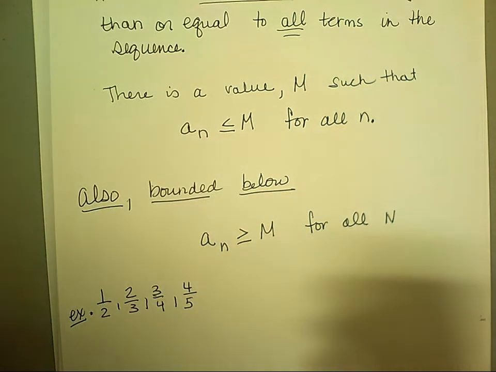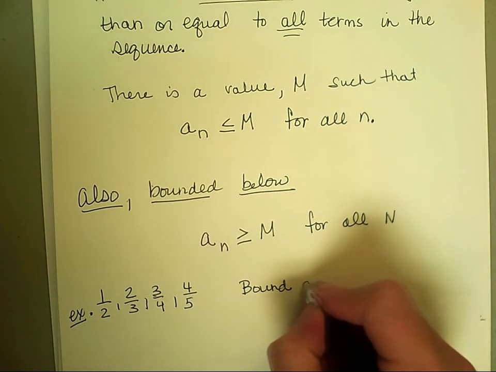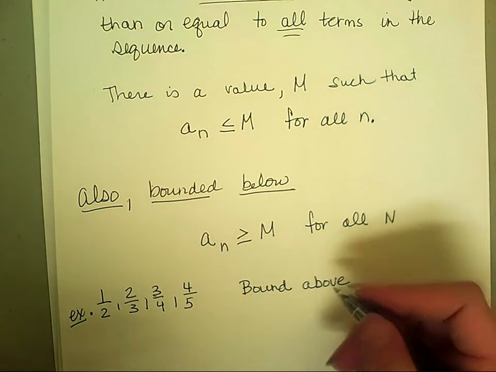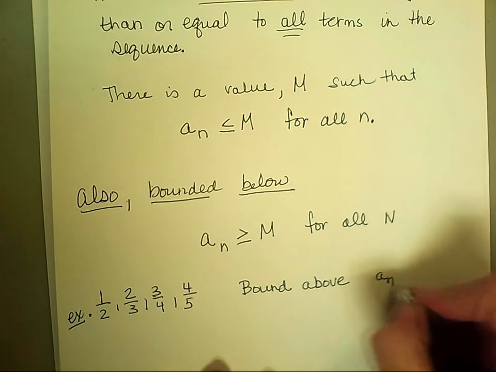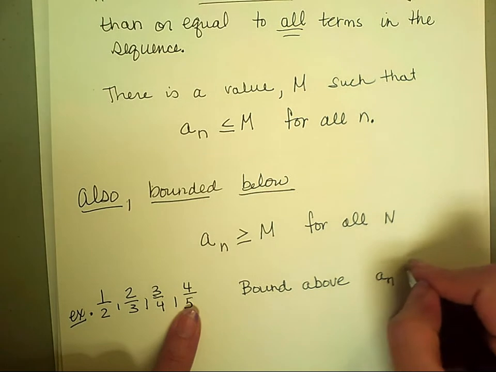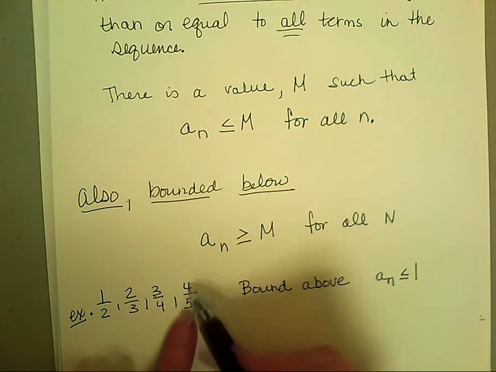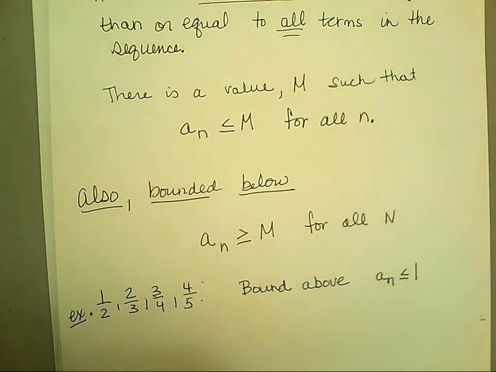This example is bounded. It is bounded above, because for any term in this sequence, it has to be less than or equal to 1. 4/5, the next one's 5/6, 6/7, 7/8. All of these are going to be lower than 1, so it's bounded from above.